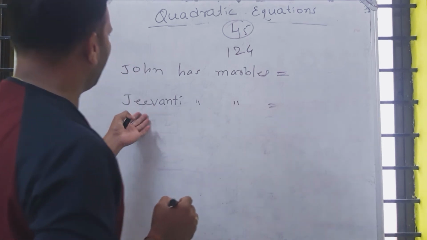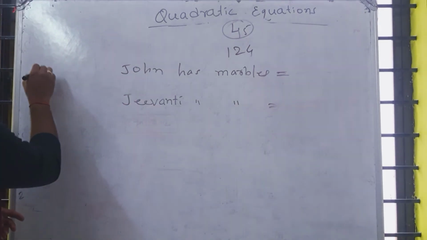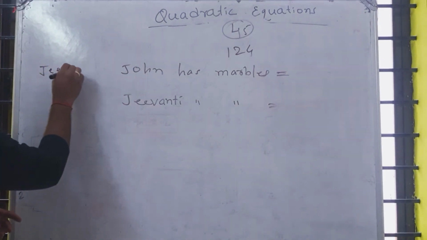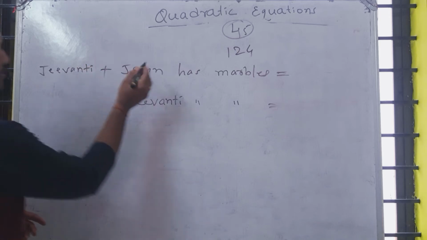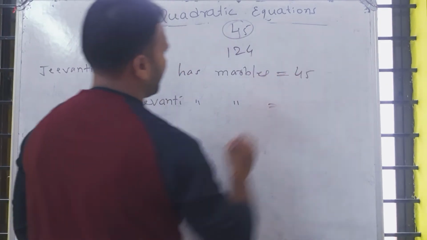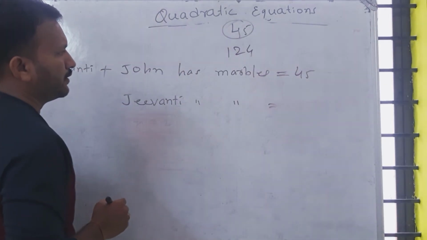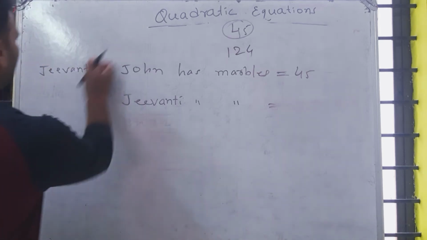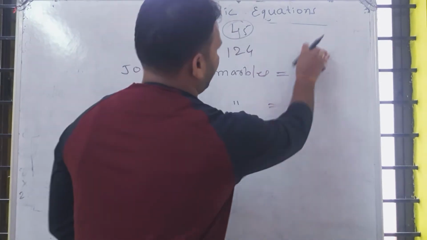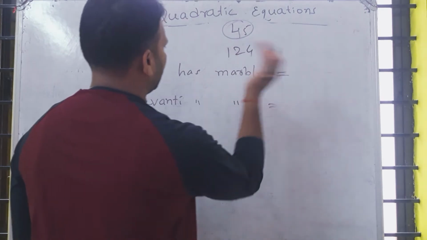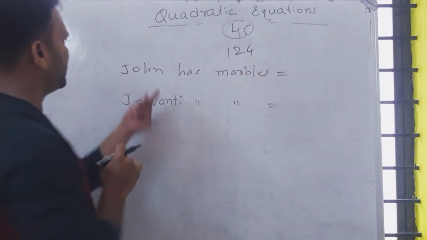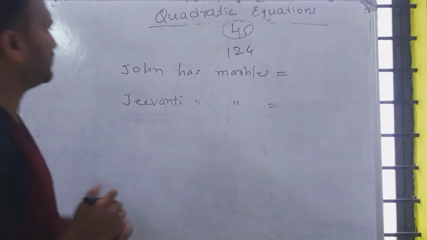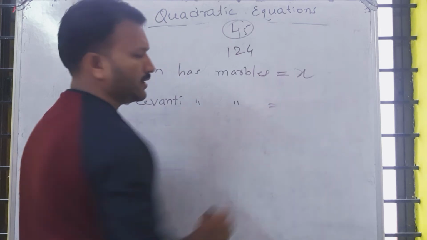John and Jivanti, both of them together have 45. Or we can take it this way: we don't know the marbles which John has, so we take them as x.